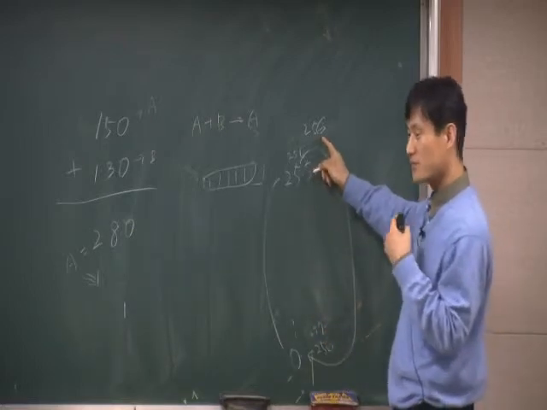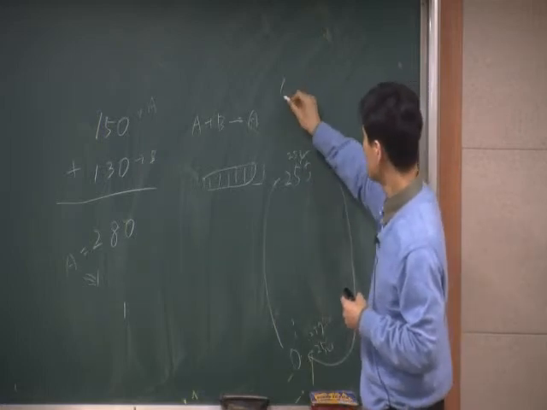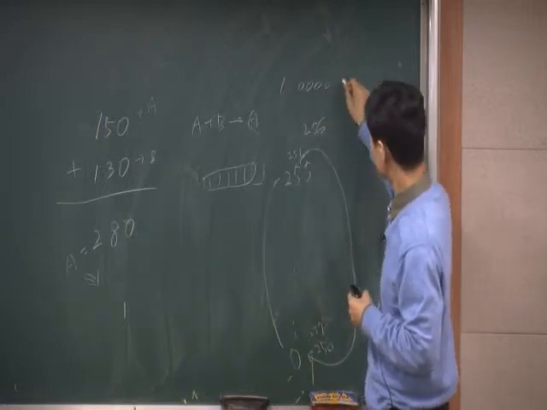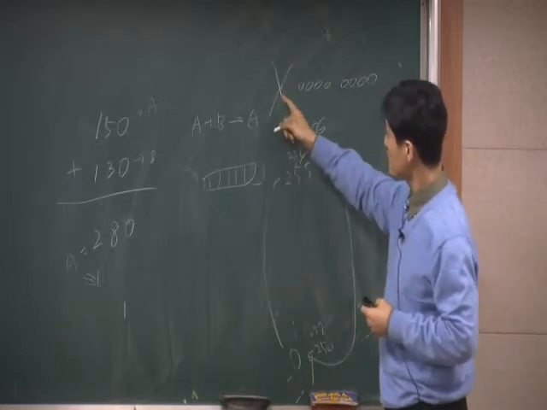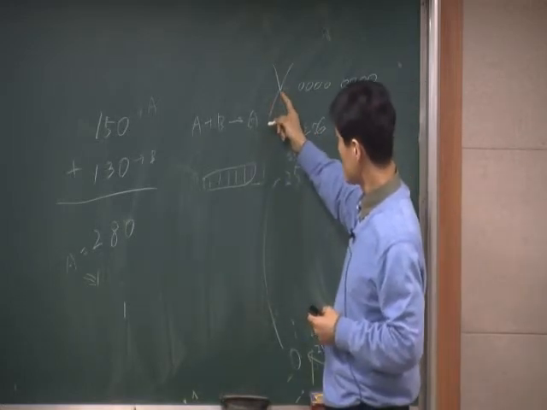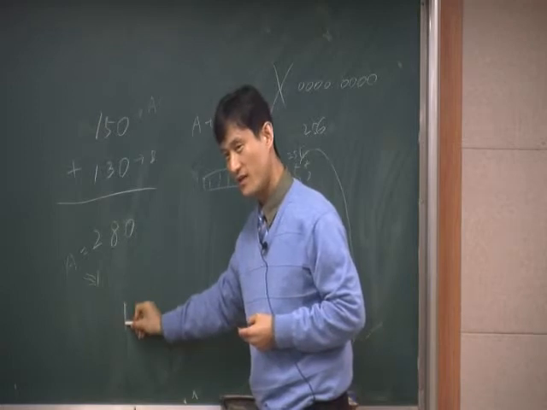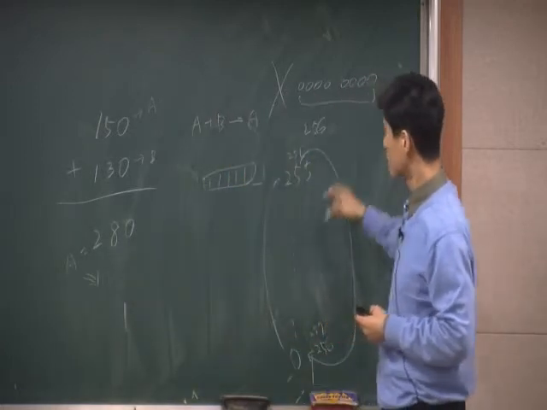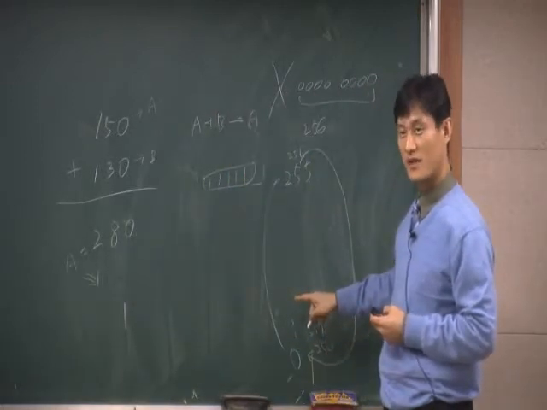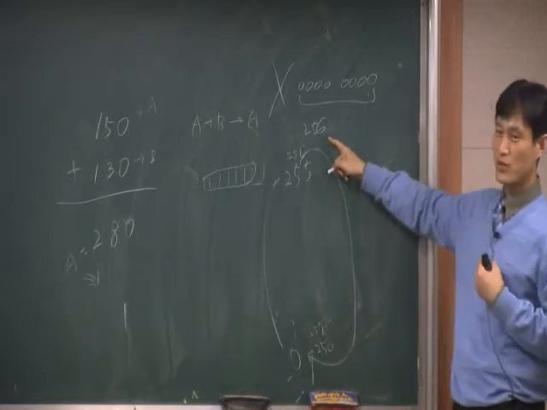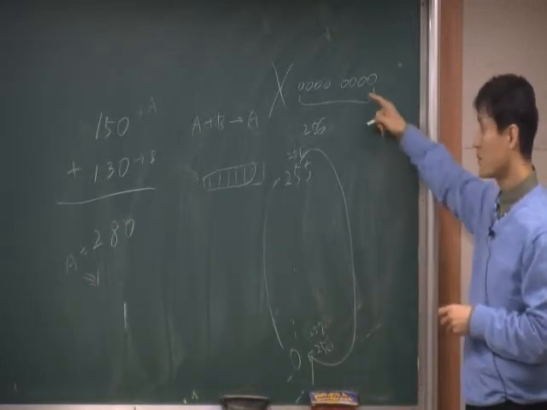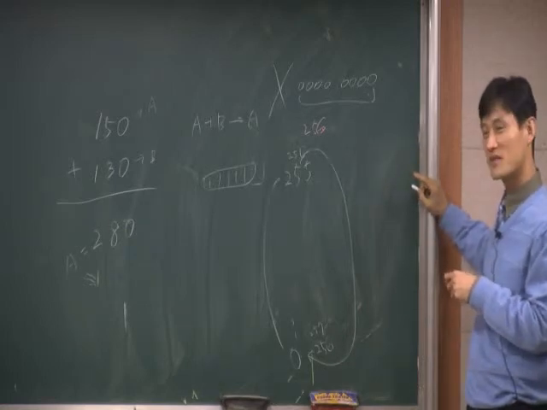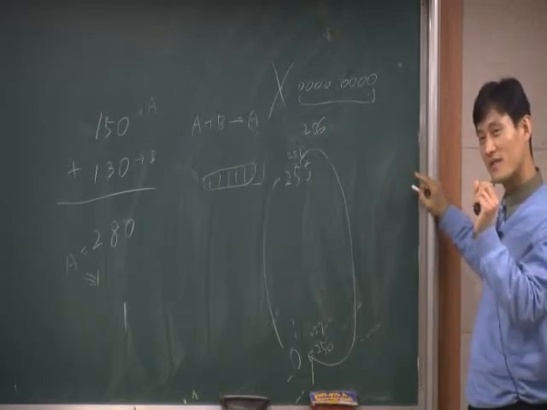Think about it, 256 is like 1, 0, 0, 0, 0, 0, 0, 0, 0. So this bit is dropped, and because this dropped bit is 1, now we have a carry flag. The other bits are still there. So if you have the result of 256, you have 0, not 256.